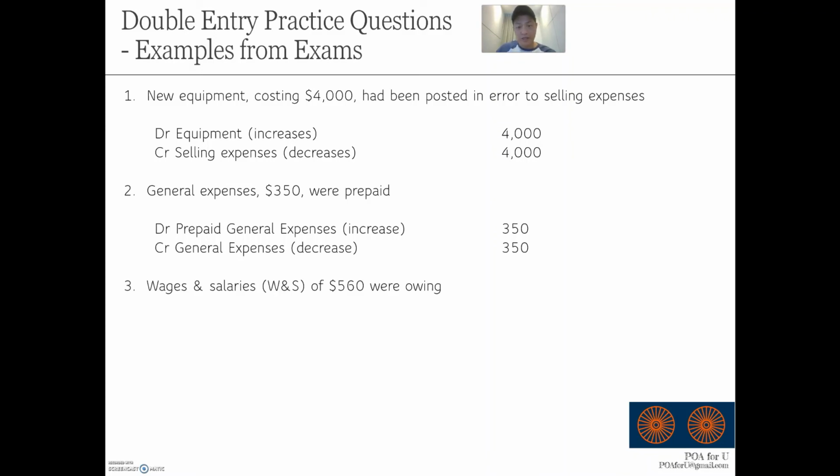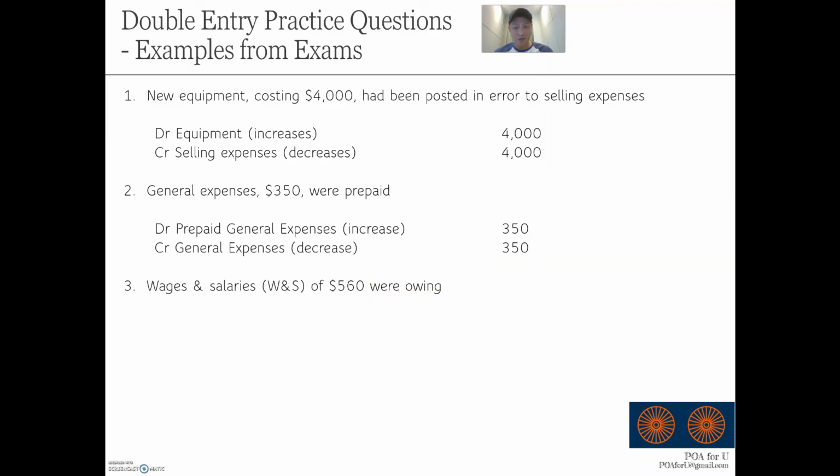Next, wages and salary 560 were owing, right? And in here, you will have to recognize wages and salaries because that's what's happening. And you haven't paid them, so you have to recognize a liability to register that you are owing wages and salaries.